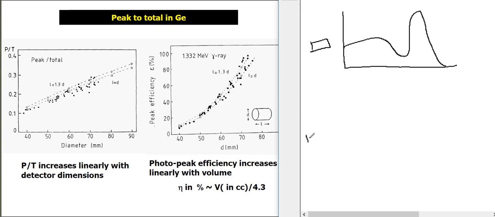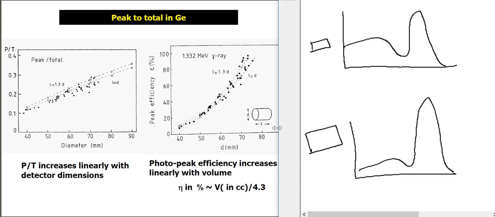Now if I increase the detector size, this part will get much reduced and the full energy peak will increase. If there are equal numbers of gamma rays interacting with both of them, then you see the background is subtracted. Whatever background was there in this case has gone back to the full energy peak. And this is the result of the increasing peak to total ratio with increasing volume. Okay, good.